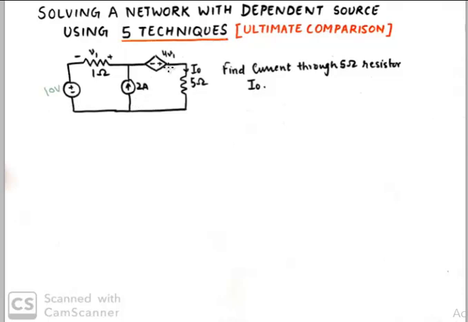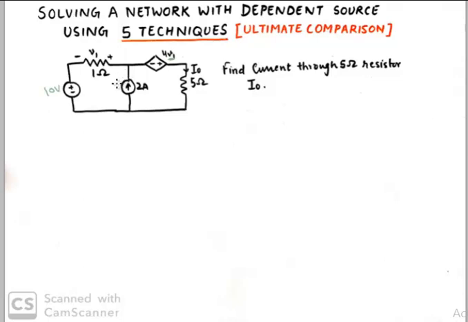And this is a dependent source because it is rhombus in shape, and because we have a plus minus sign in it, so we know that this is a voltage source and it depends upon some other voltage V1 of the network, so it is a voltage dependent voltage source. And this dependent voltage source depends upon this V1 voltage which is dropped across this 1 ohm resistor.